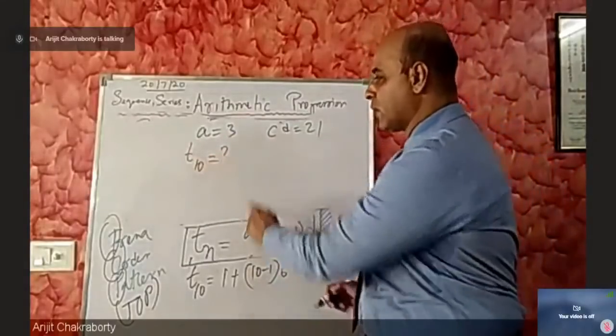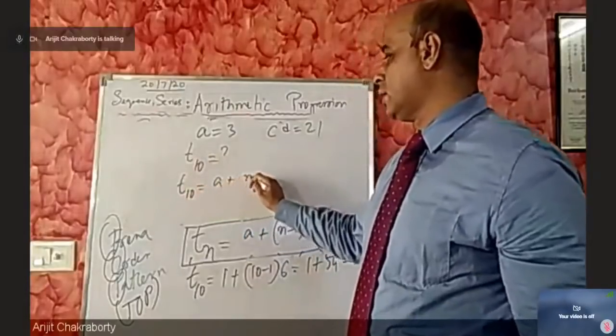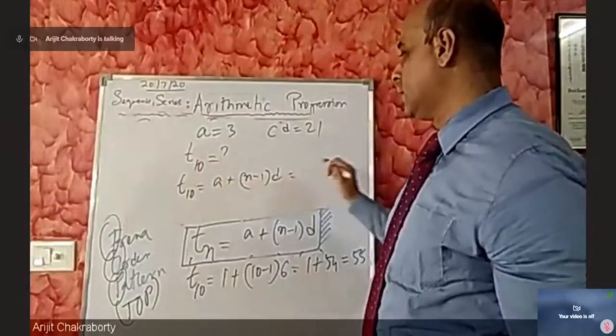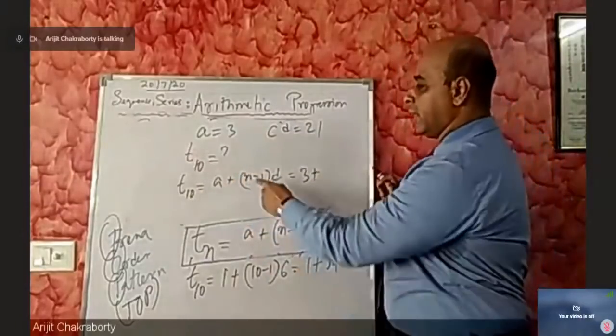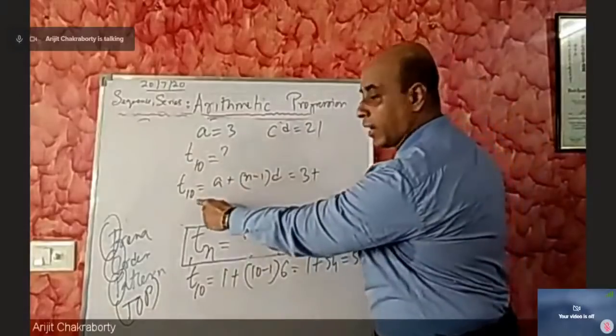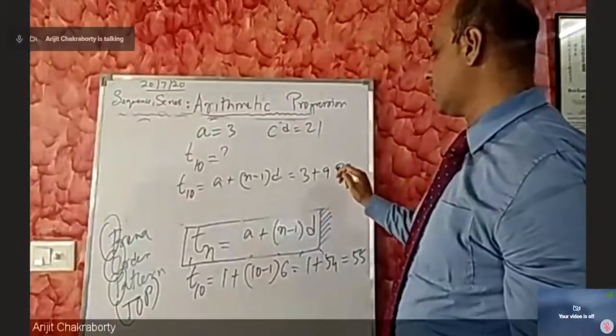So same formula, T10 is equal to A plus N minus 1 into D. A here is 3 plus N minus 1, that is 10 minus 1, that is 9. 9 into D is 21. Okay?